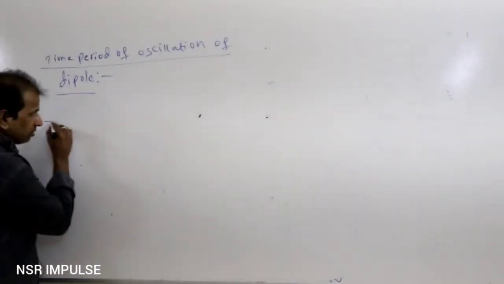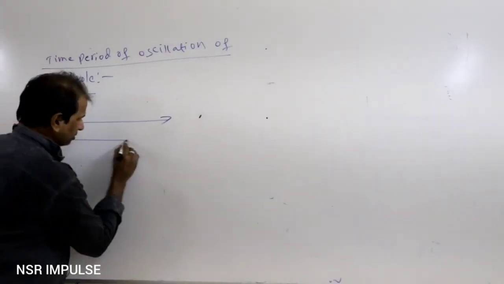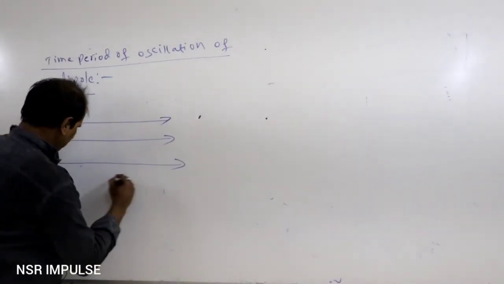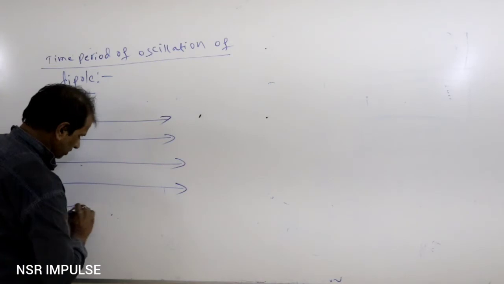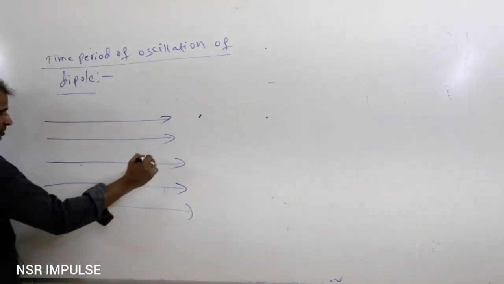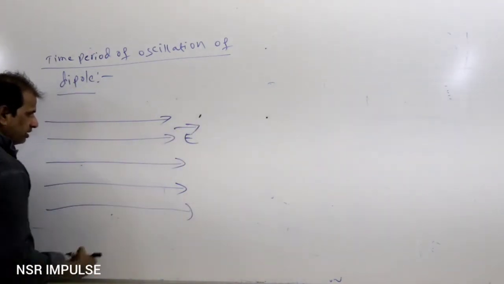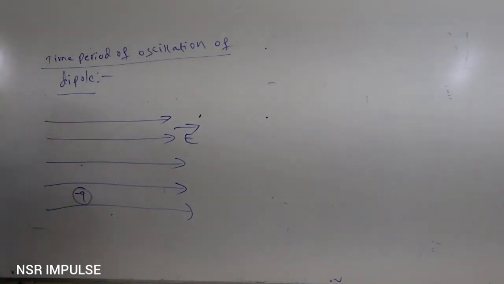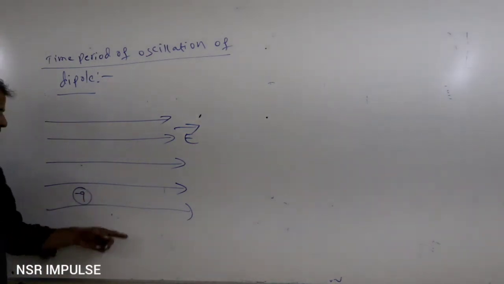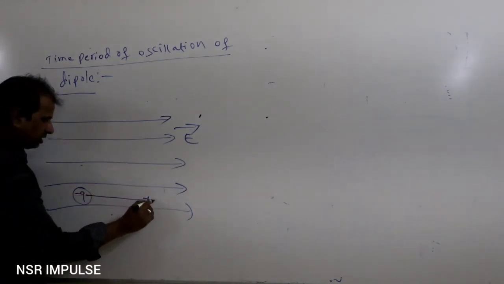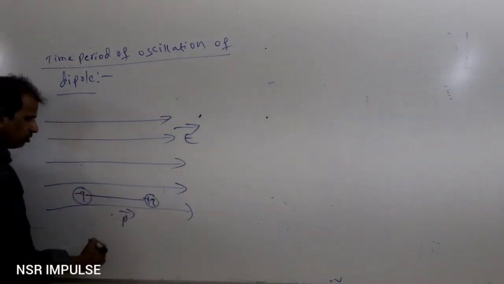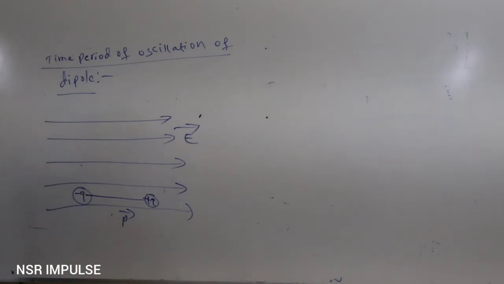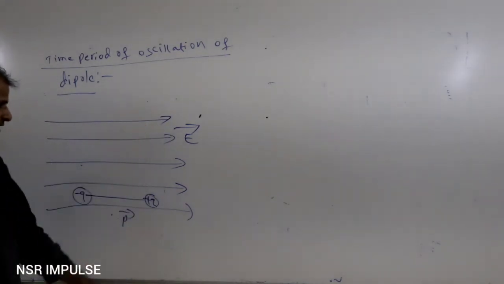Look at here. In this particular case, again the electric field is taken in this manner. This is the electric field E bar along the x-axis. Of course, initially the dipole is parallel, with negative charge and plus Q. The dipole moment is parallel to the electric field.